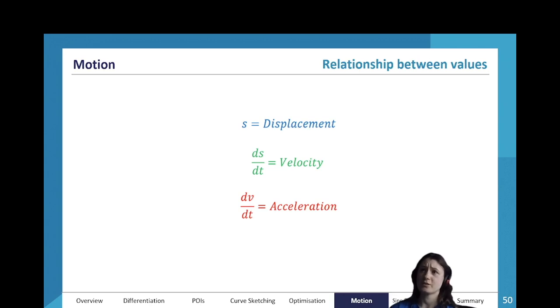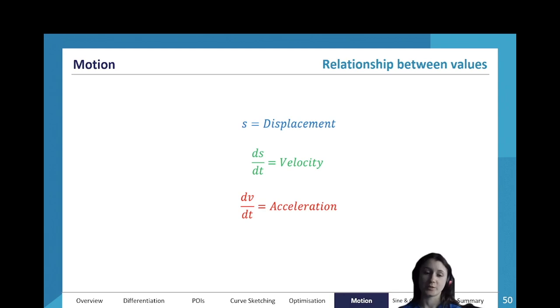And this is the relationship between all of these. So we have displacement, velocity, acceleration, right? If you're starting with a displacement function, to get to the velocity, you need to differentiate with respect to time, t, right? ds/dt. So displacement is s.